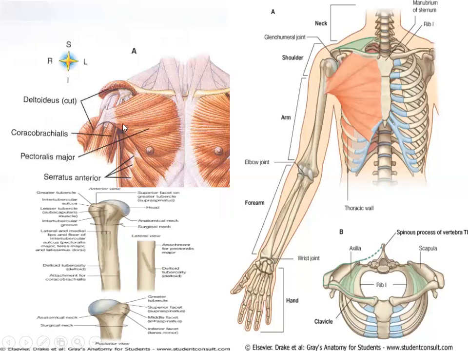So the pectoralis major muscle will get inserted to the lateral lip of the bicipital groove. As you can see here, the part extending down from the greater tubercle becomes the lateral lip, and this muscle gets inserted to it.